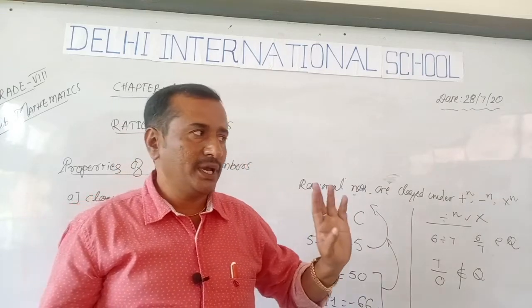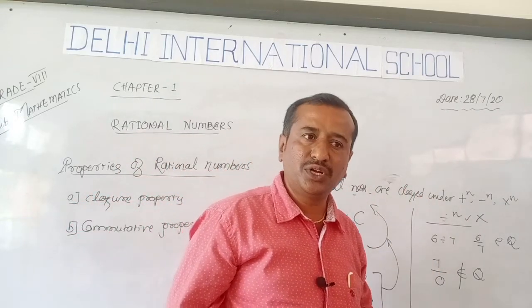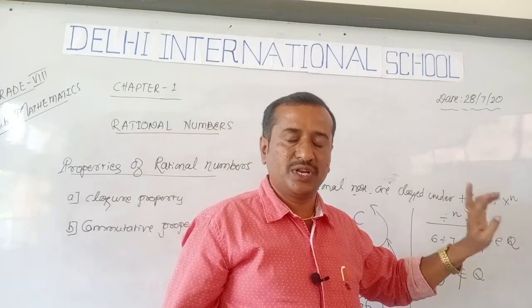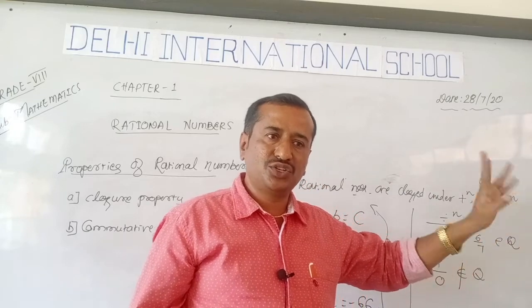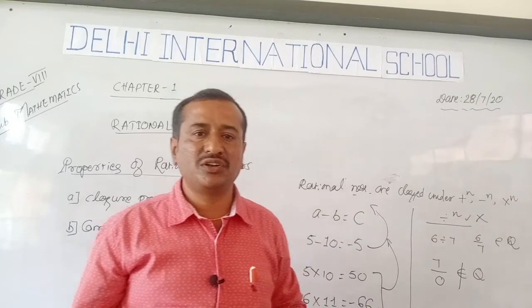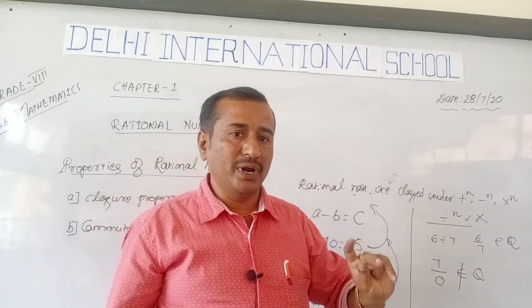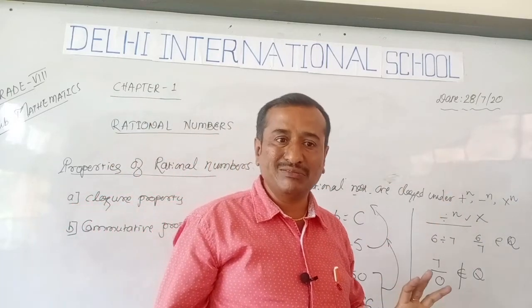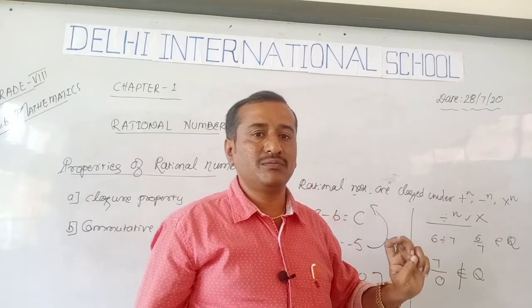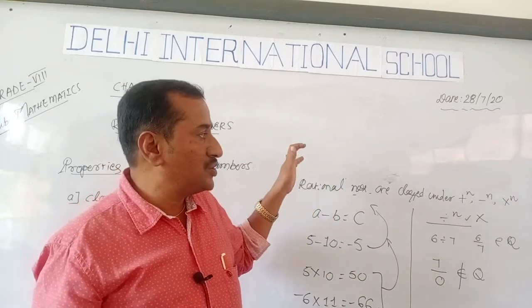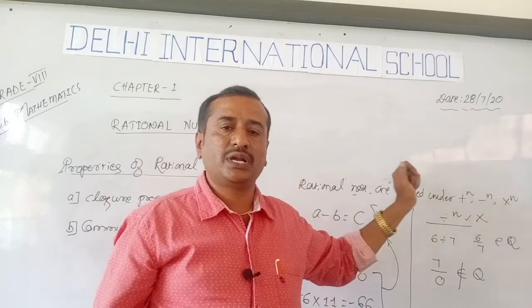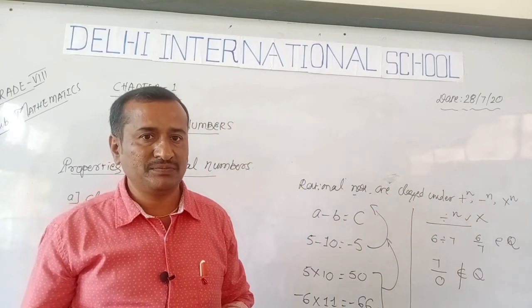I repeat, by considering any two numbers, it is possible to show that the sum of any two rational numbers is again a rational number, the subtraction of two rational numbers is again a rational number, the multiplication of any two rational numbers is again a rational number, but the division of any two rational numbers is not a rational number. Hence, rational numbers satisfy the closure property under addition, subtraction, multiplication, but not under division.